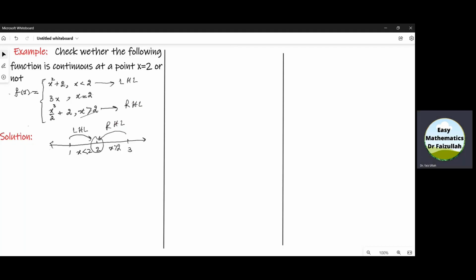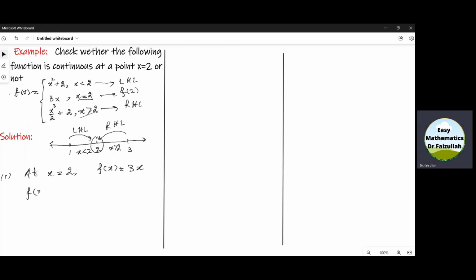And we can see at x is equal to 2, to find the value of the function at 2, we shall use that value of the function f of x for which x is equal to 2. Now let us check the first condition of continuity, which says that at x is equal to 2, the value of f of x must be defined. So at x is equal to 2, the value of the function is 3x.